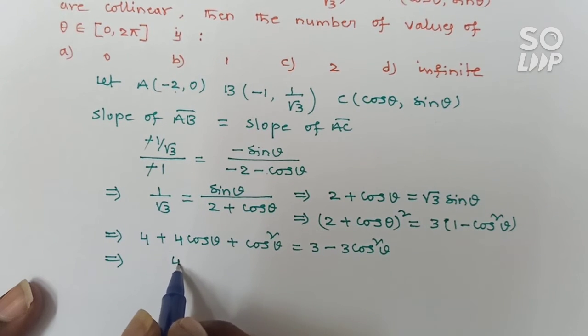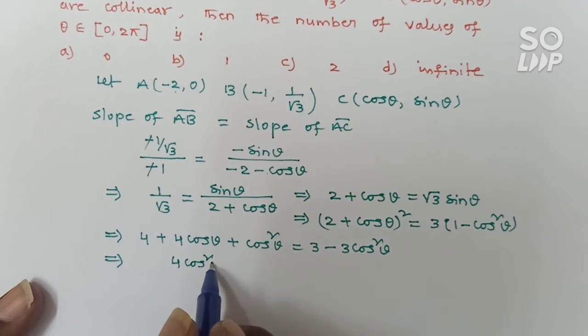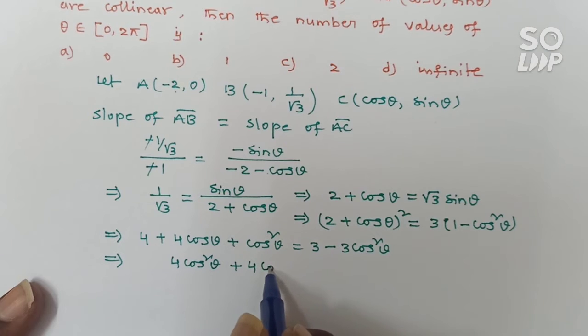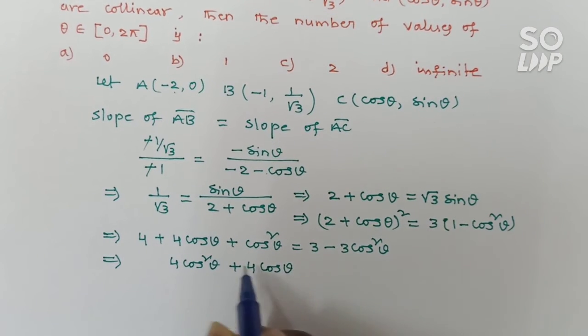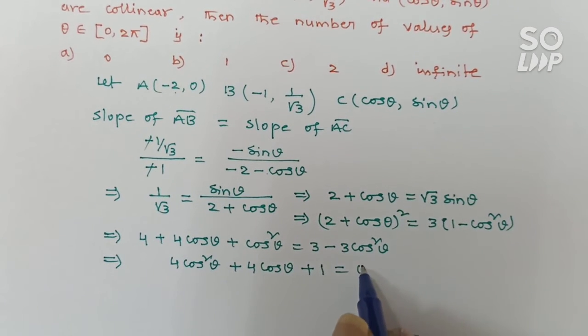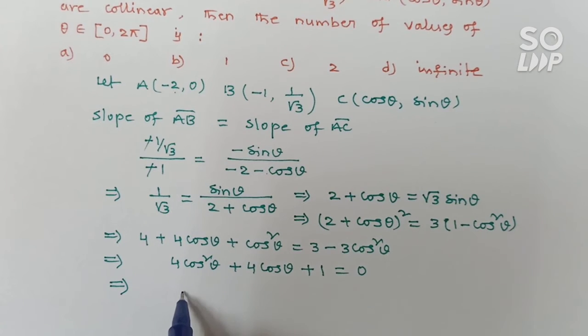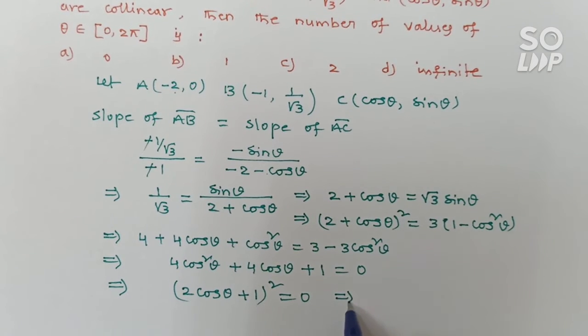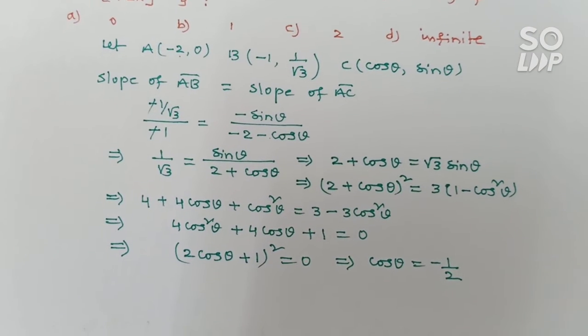That becomes 4 cos square theta plus 4 cos theta plus 4 minus 3 is equal to 1 is equal to 0. This we can write as (2 cos theta plus 1) whole square is equal to 0. From this we can write that cos theta is equal to minus 1 by 2.